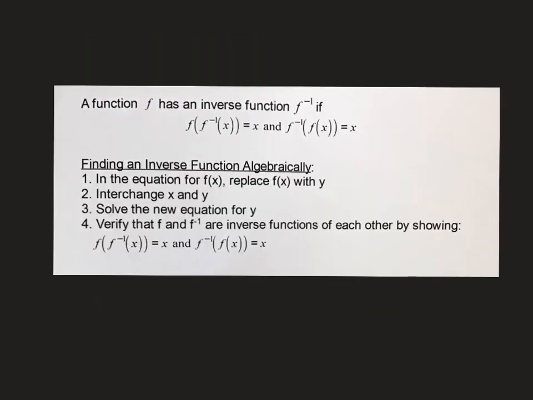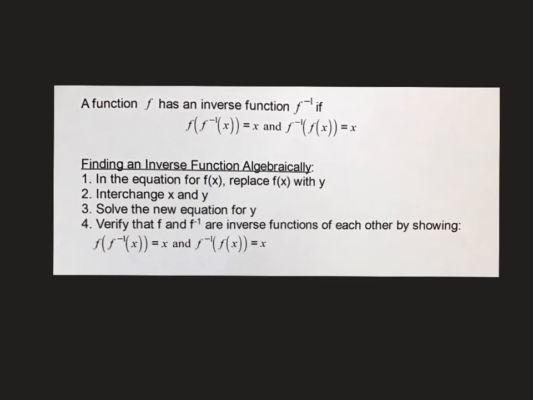A function f has an inverse function if we do the composition of the function and the inverse and we get x, and then we do the composition of the inverse and the function and get x as well. So if you do both compositions and they're both equal to x, then it's going to be an inverse function.